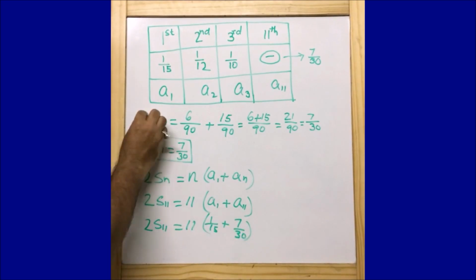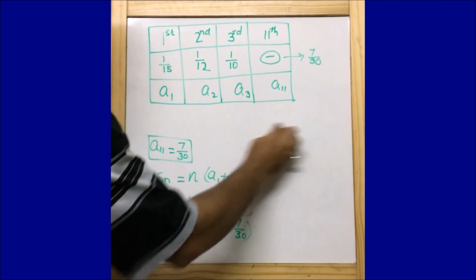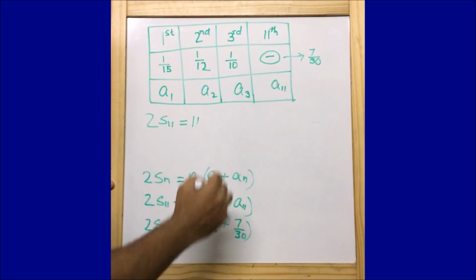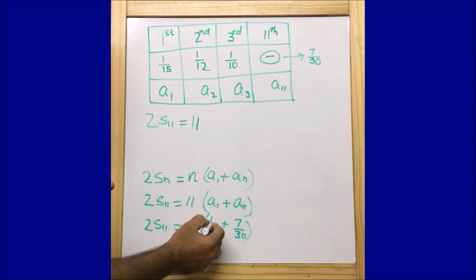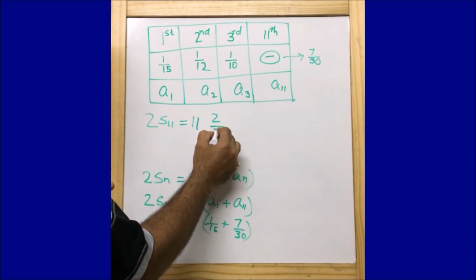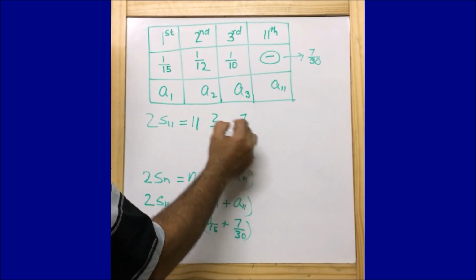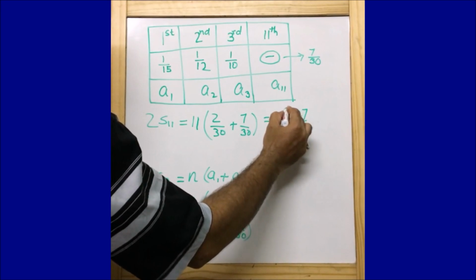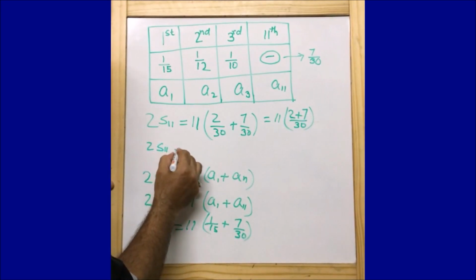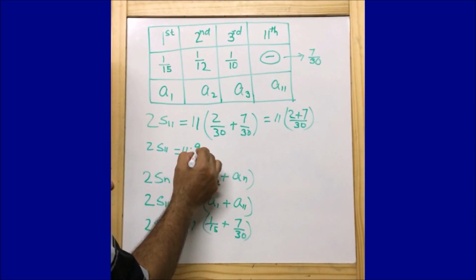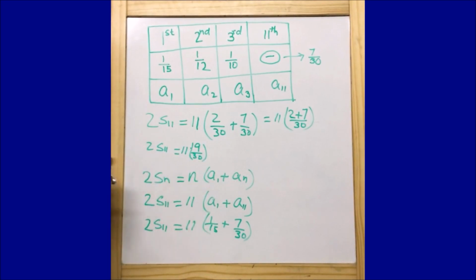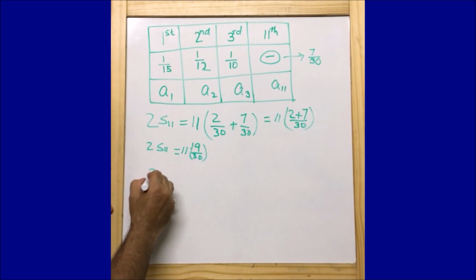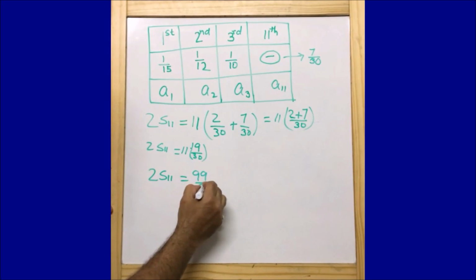Further solving this equation, 2S11 is equal to 11 into, for the first term, multiplying 2 in the numerator and denominator, 2/30 plus 7/30, which is equal to 11 into (2 plus 7)/30. So 2S11 is equal to 11 into 9/30, which gives 2S11 is equal to 99/30.